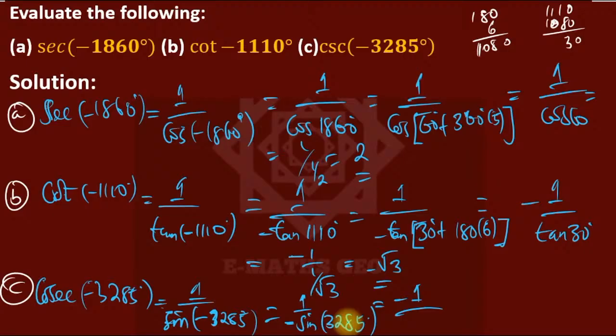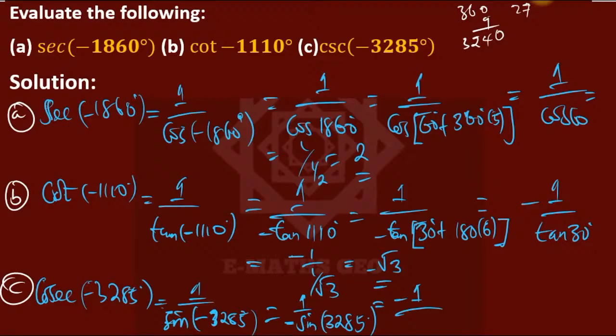Now let's check how many 360s will be there. If I multiply by 10, I have 3600, which has exceeded this. Let's check 9. 360 times 9 is 3240.